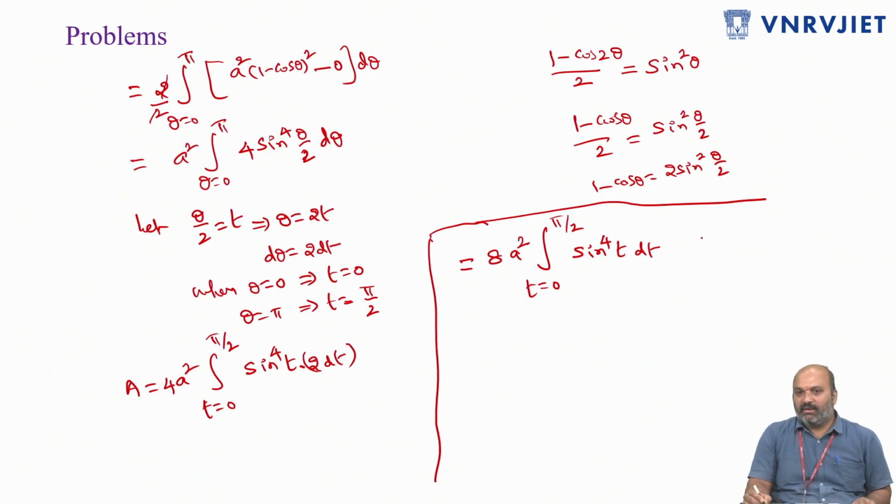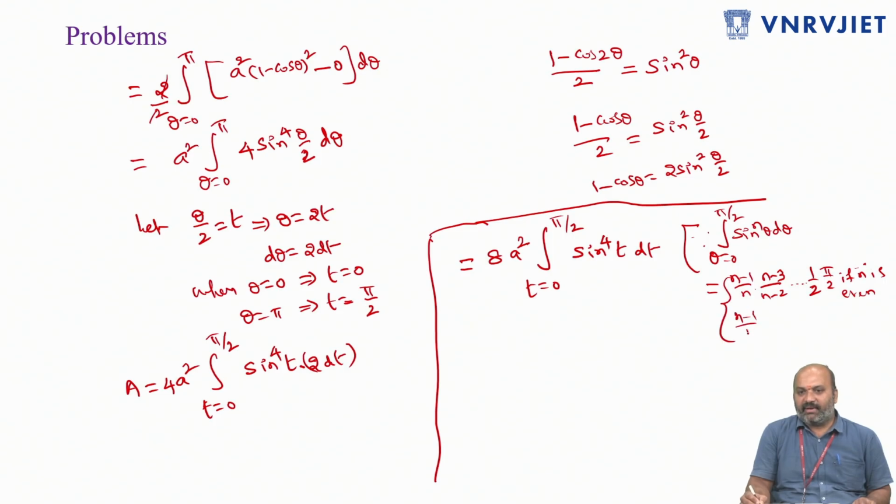We have a direct formula for this. If theta varies from 0 to pi by 2, the integral of sine to the power of n theta d theta is equal to (n minus 1)/n times (n minus 3)/(n minus 2) and so on, times 1/2 into pi by 2 if n is even, and (n minus 1)/n times (n minus 3)/(n minus 2) and so on, down to 2/3, if n is odd.